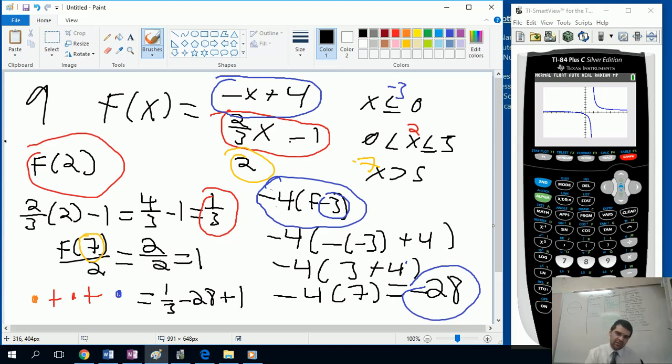Simplify that to negative 28 plus 4/3. As I do the math in my head, because I'm stubborn like that, that's going to be negative 27 plus 1/3, which is negative 26 and 2/3. Let's use that as a mixed number.